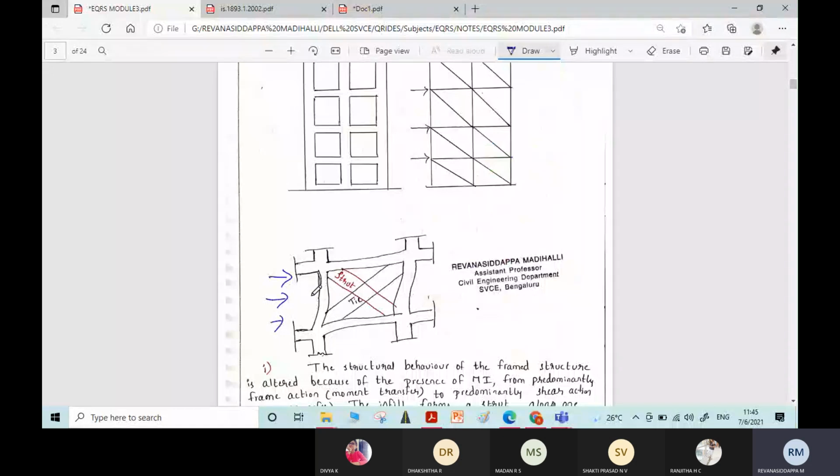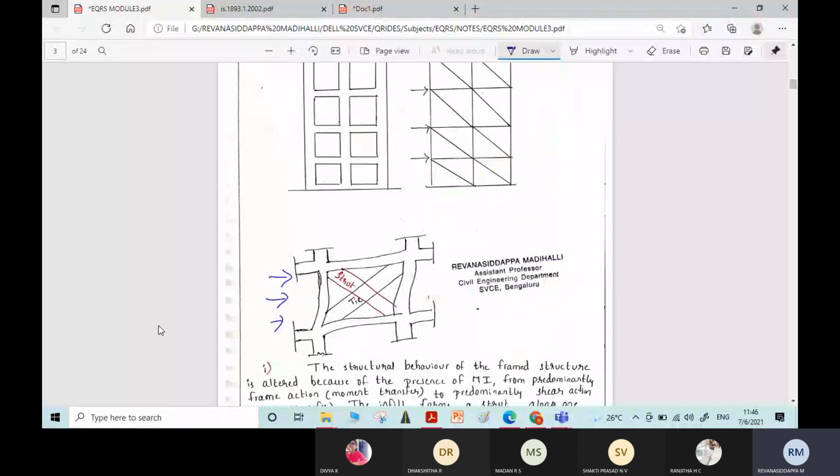Whenever the lateral force acts onto the frame which contains infill wall, these infill walls will form a compressive resistance. They will form a tie. They will act as a tie between two corners and a strut between the other two corners.